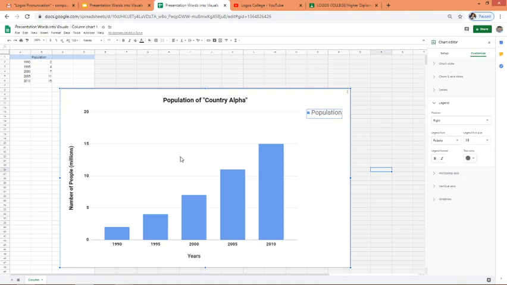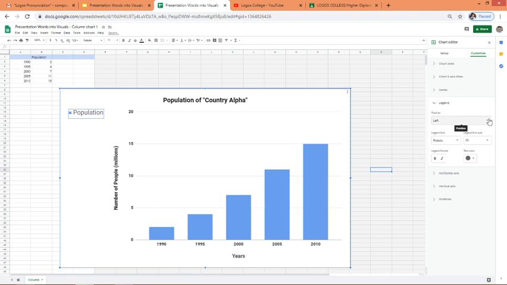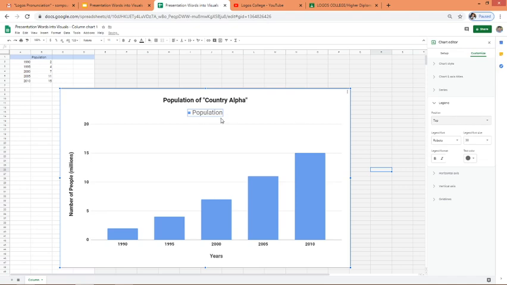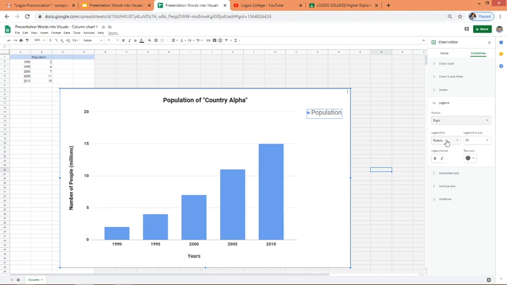And you can also put where you want this. Go to position, it says right. You put it left, it goes over there. Bottom goes down here. Top, it goes right underneath that. Or you can keep it on the right.